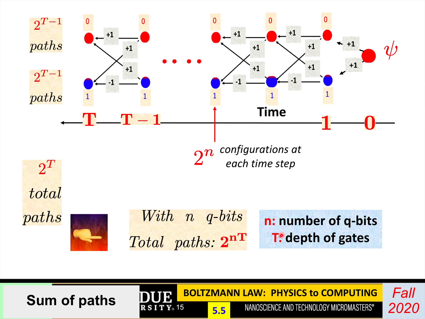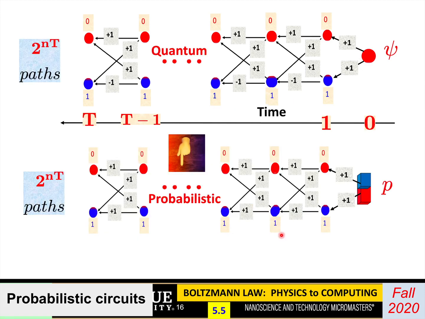Okay. Now, if you were doing this with a probabilistic circuit, you'd still have the same number of paths, right? Because it's the same thing. Maybe you can think of a classical thing, which is 0 or 1, and which evolves in time probabilistically. Well, in that case also, starting from some initial state to a final state, you'll have 2 to the power nt paths.